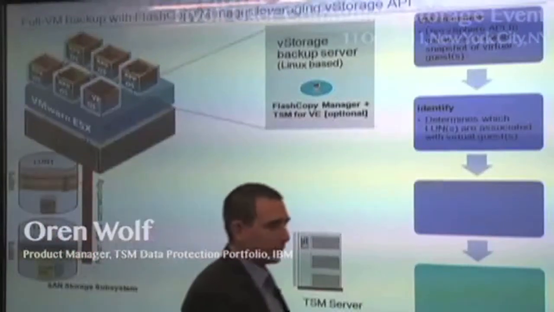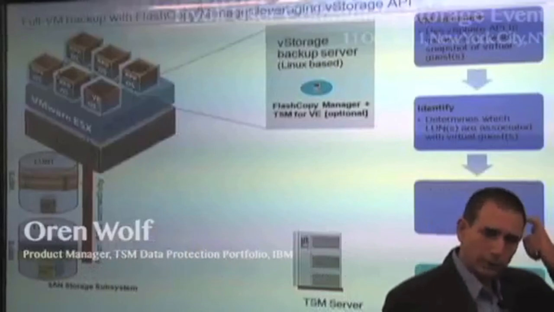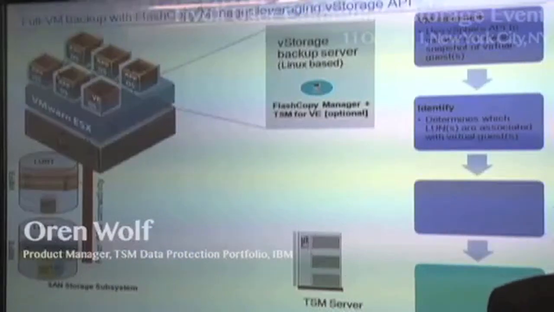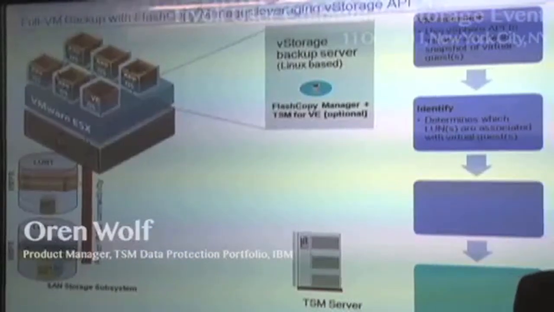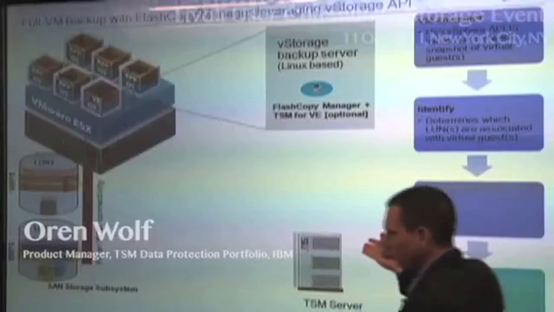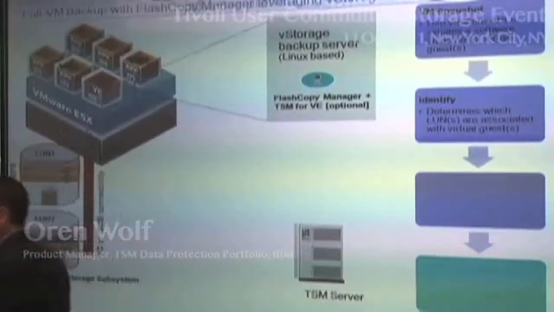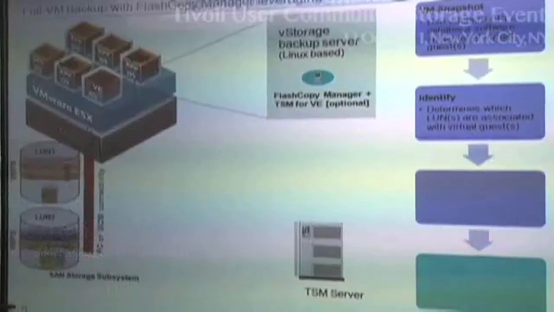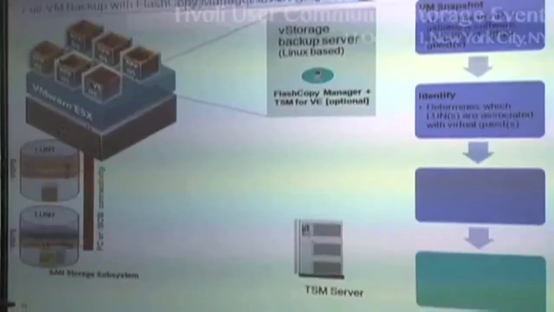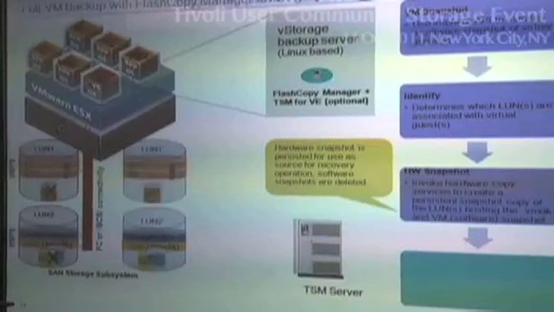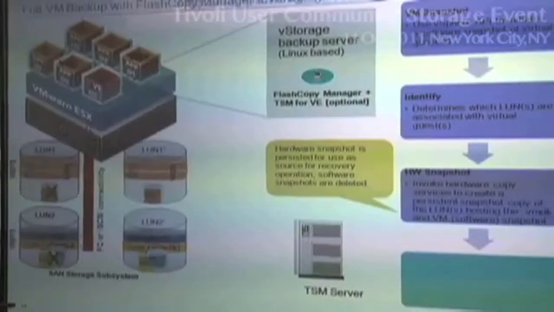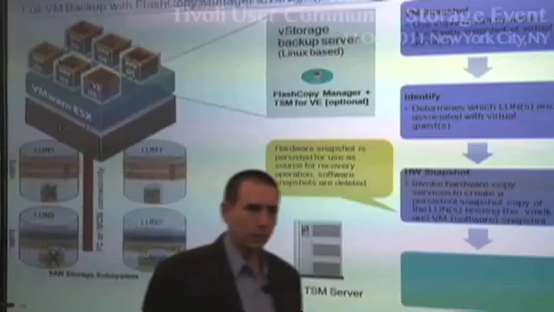The next step is Flash Copy Manager says, well, now I better find out which LUNs or which volumes these virtual disks reside on. So it goes ahead, identifies the two LUNs that are part of the current configuration, and performs a snapshot. Triggers the hardware to create a point-in-time copy at this point.